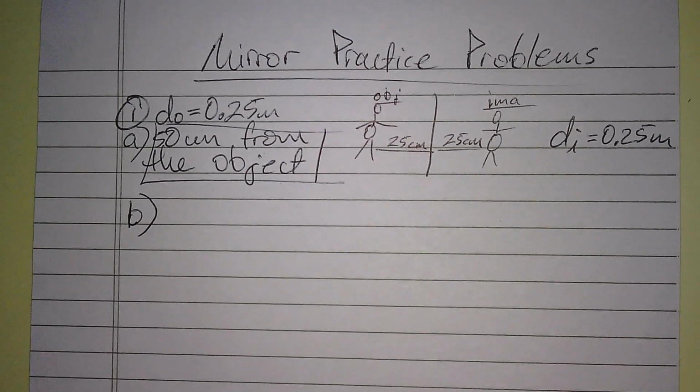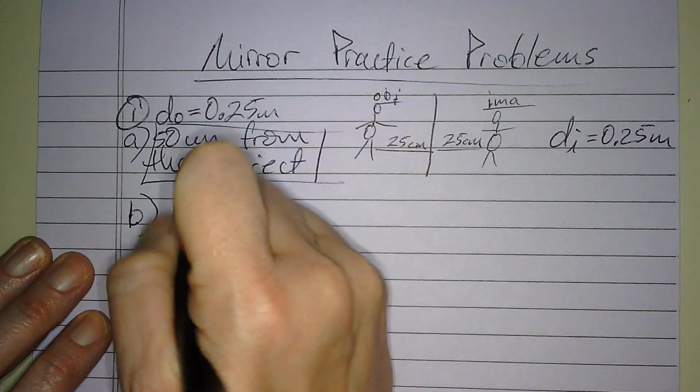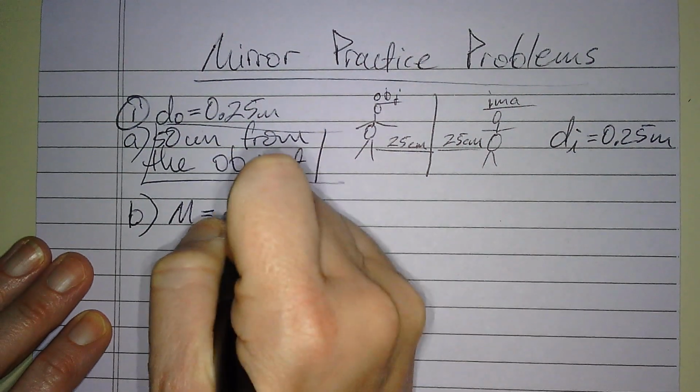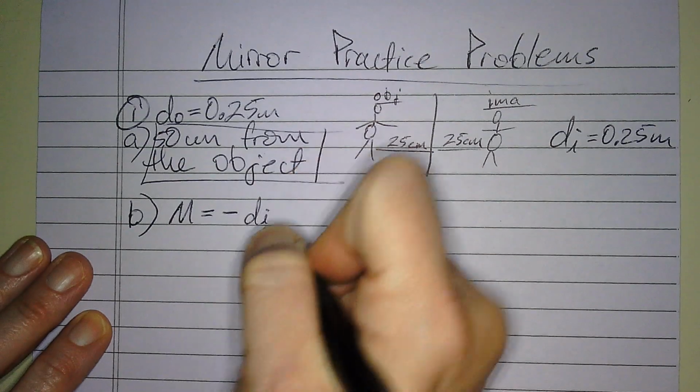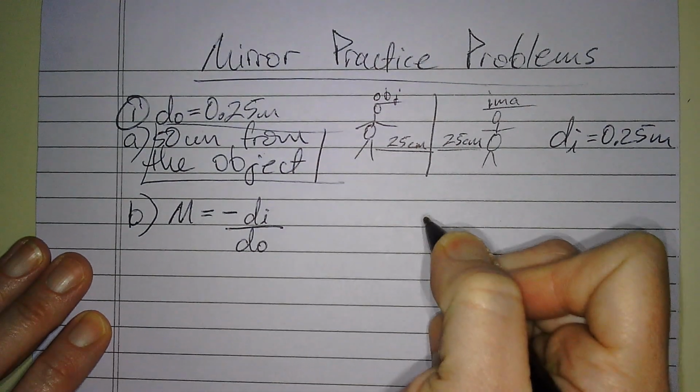Does it say how tall the object is? It doesn't. So let's see. The magnification is negative DI over DO.